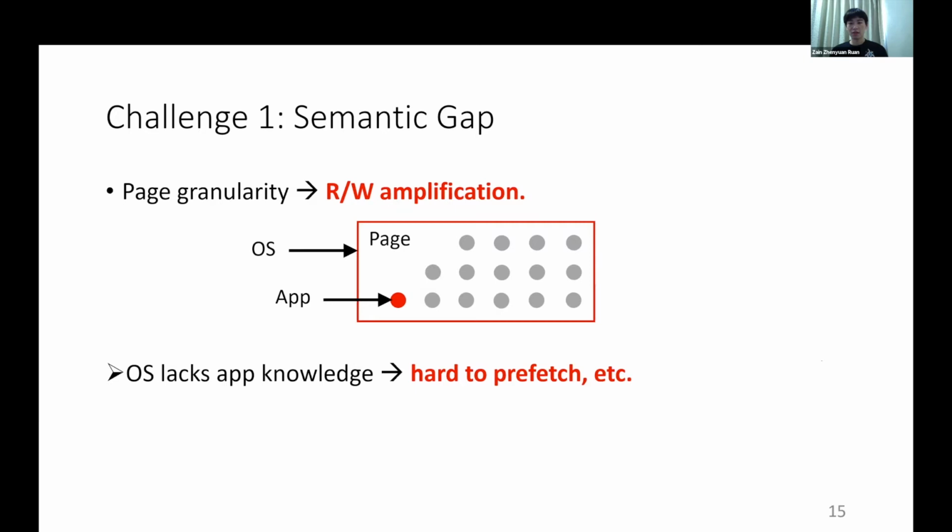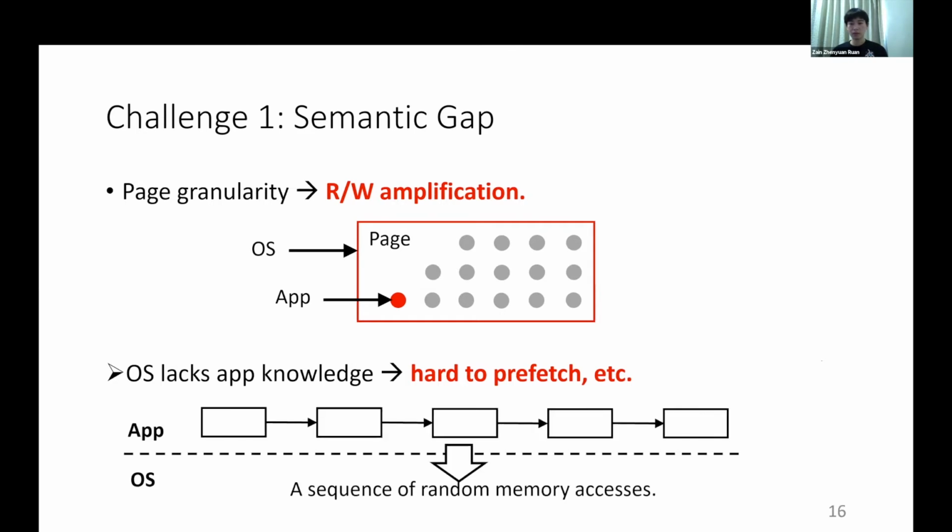The OS also has no application knowledge, which makes it very difficult to make good decisions. For example, if an application is traversing a linked list, what the OS sees is just a sequence of random memory accesses. Therefore, it's impossible for the OS to do perfect prefetching.